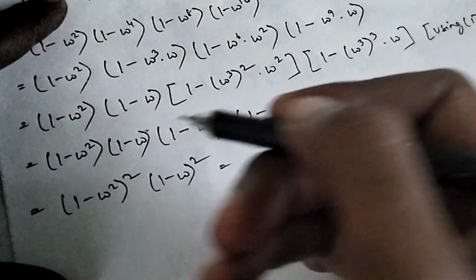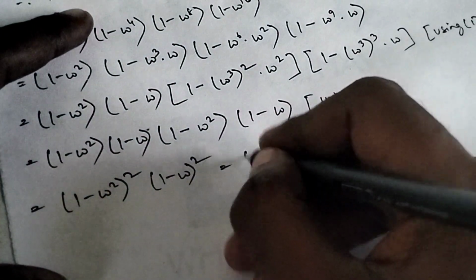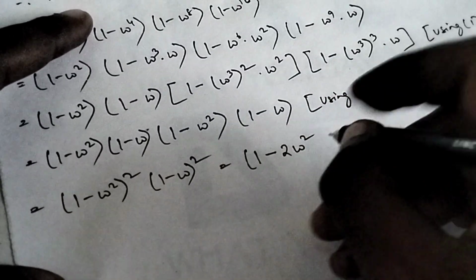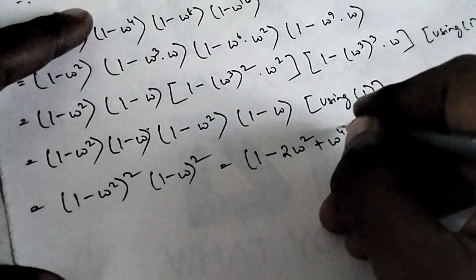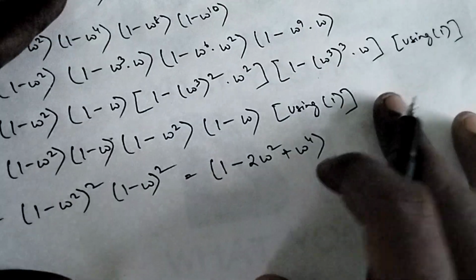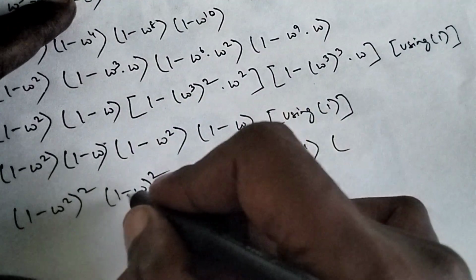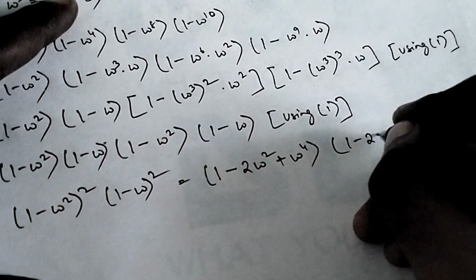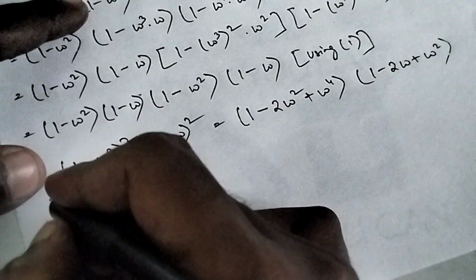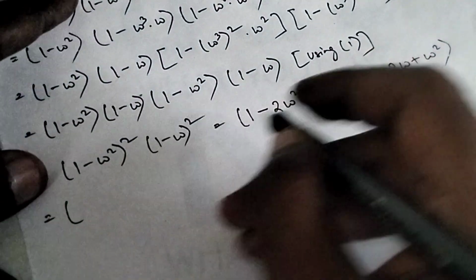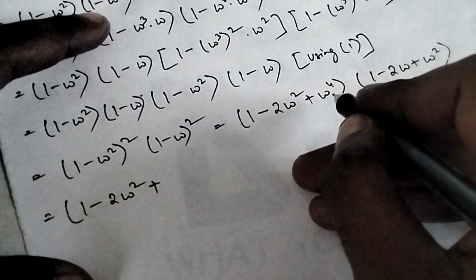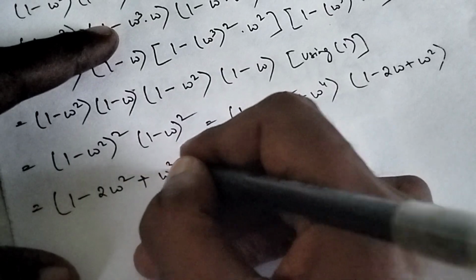So 1 minus omega square whole square will be 1 minus 2 omega square plus omega to the power 4. A minus b whole square is a square minus 2ab plus b square. Then again a minus b whole square, a square minus 2ab plus b square. Now 1 minus 2 omega square plus omega to the power 4 can be written as omega cube into omega.